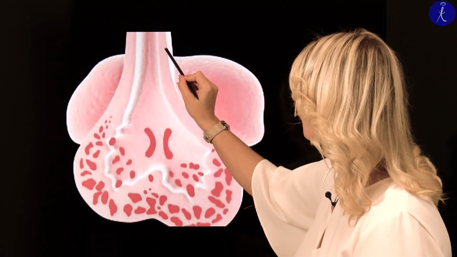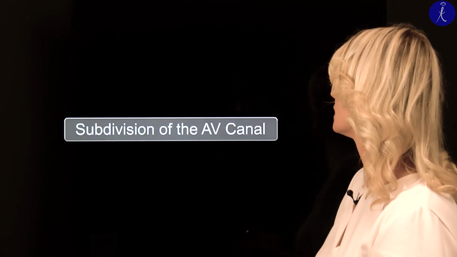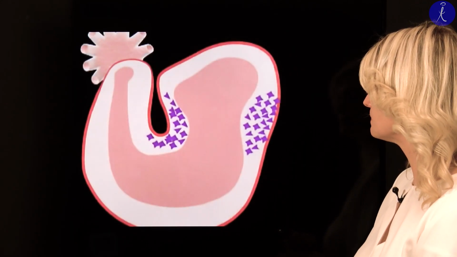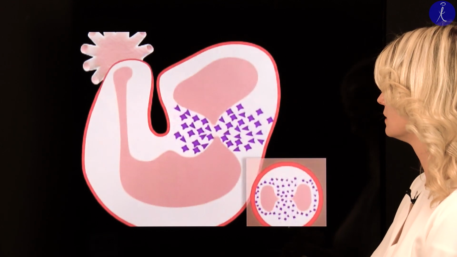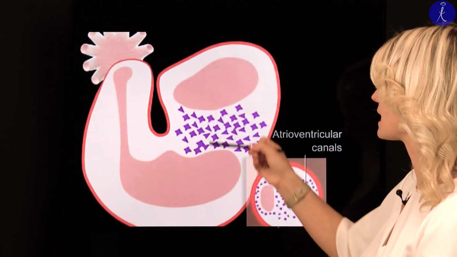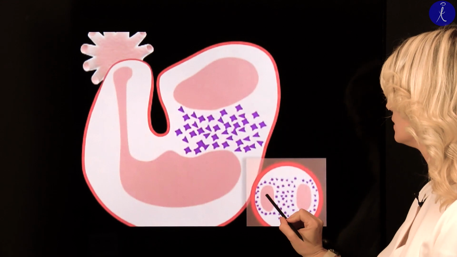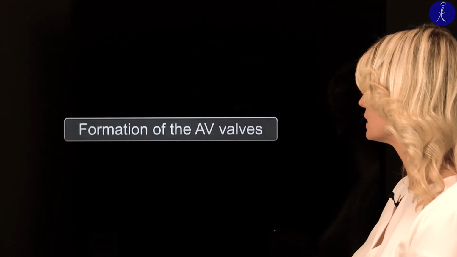From here we go to the pulmonary trunk, from there to the aorta. And this is the way the endocardial cushions will meet and separate the right side and the left side.